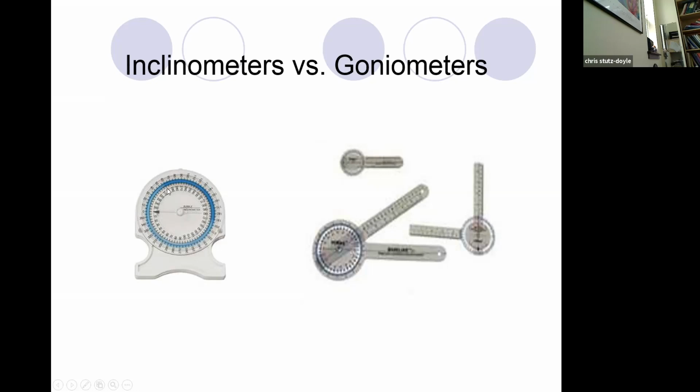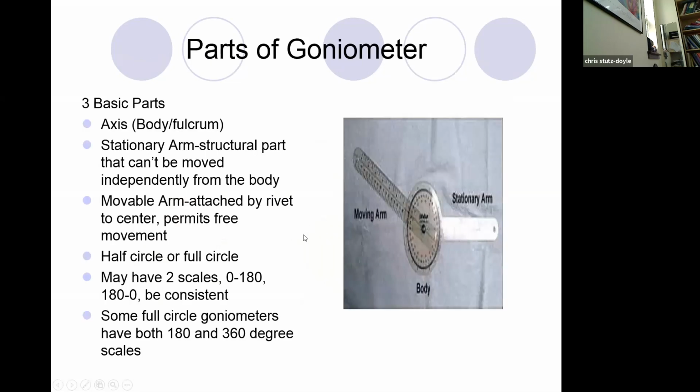Okay, inclinometers versus goniometers. An inclinometer is something that you just place on a patient, and we do have these also, and you ask the patient to move and it gives you a reading. And goniometers have three parts associated with it that we'll talk about. So it has an axis or a body or a fulcrum. It has a stationary arm, which is part of the structural part of the goniometer, and then we have a movable arm.